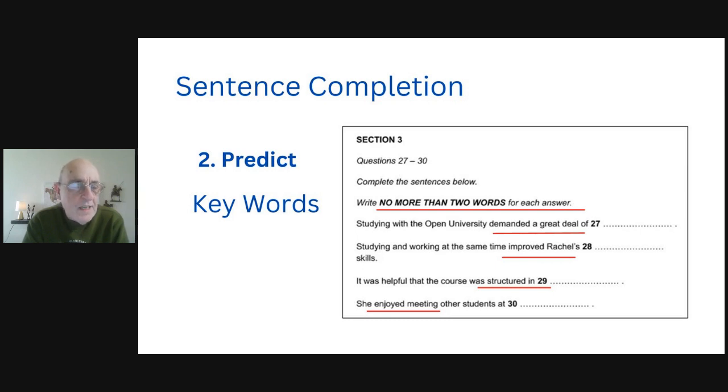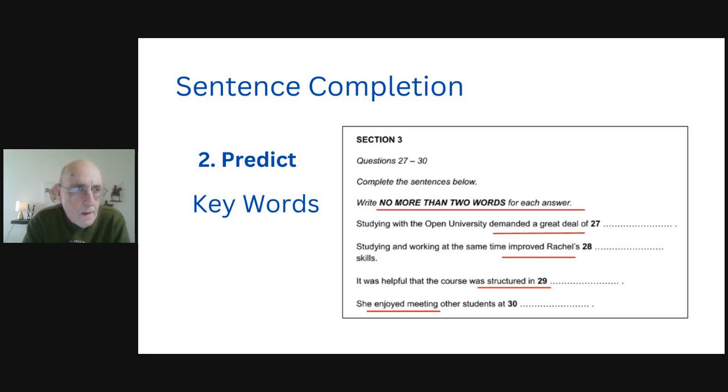And we can see that in this set of questions, there's a pattern, and it's a good thing to be aware of patterns. We have a series of actions in this set of questions: demanded a great deal of, improved something, it was structured, and enjoyed meetings.